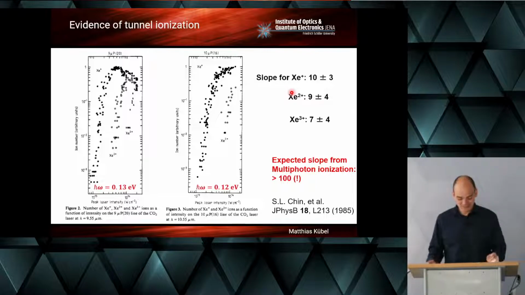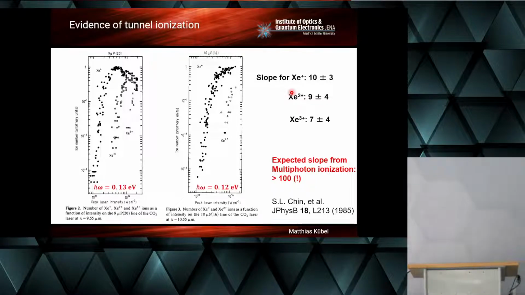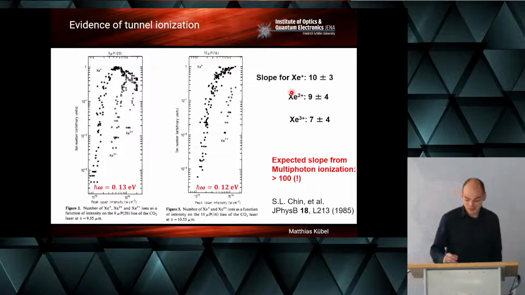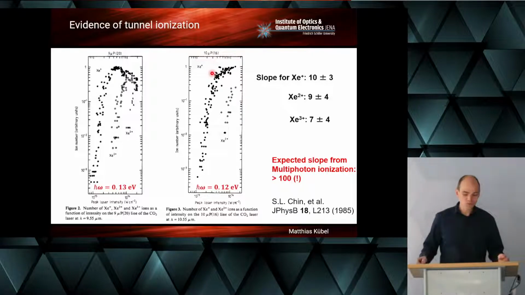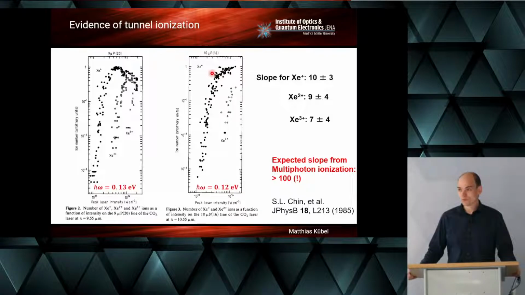Okay, so the main conclusion is that there is a strong violation of perturbative behavior from this experiment. This shows that tunnel ionization is really strongly different. It requires different methods to calculate than a multiphoton ionization, where you would use perturbation theory.